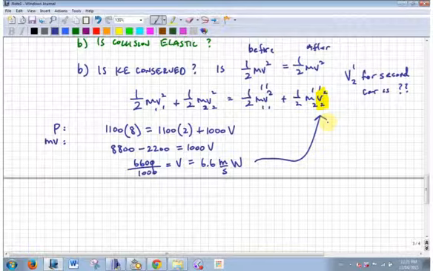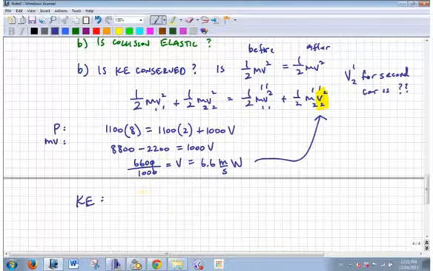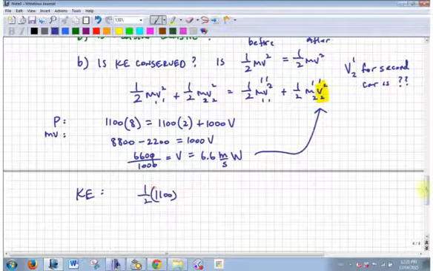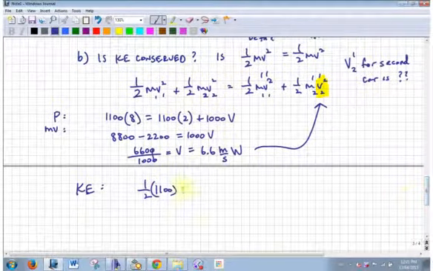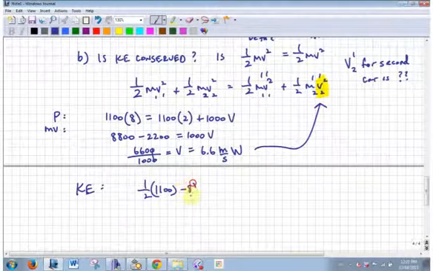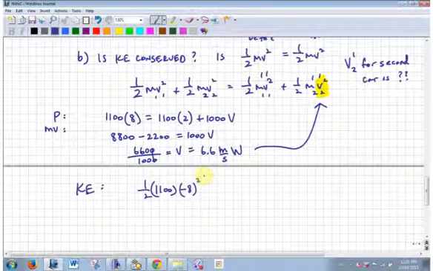Now I've got to find out if energy is conserved. KE. I've got 1/2, the first car was 1100, and v was 8. Does it matter what direction? Is energy a vector? Can I have 1000 joules from a Coke bottle west?